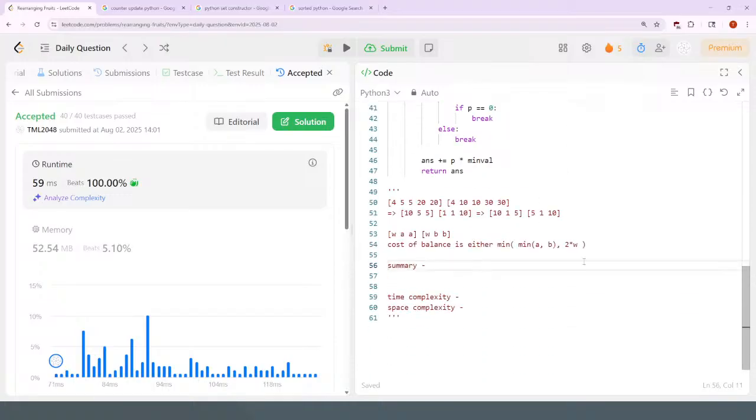Okay, so summary is this is mainly kind of a math problem really.